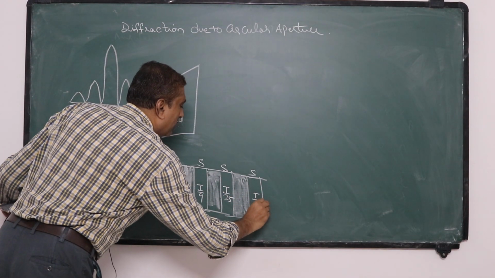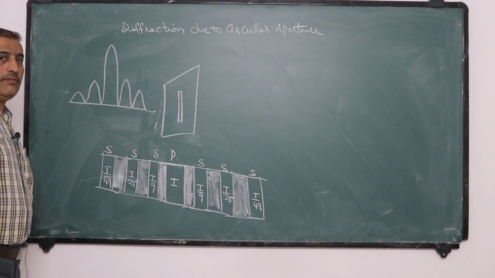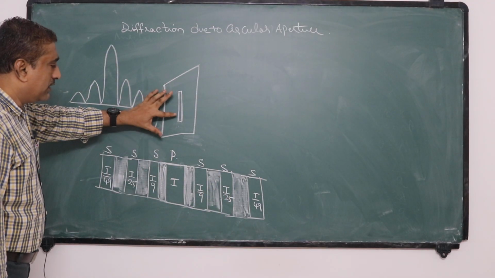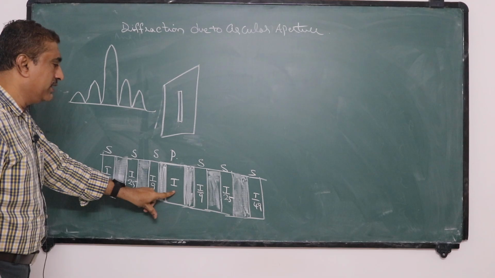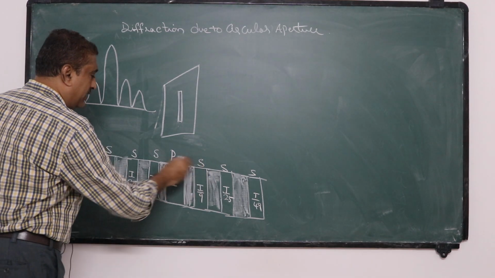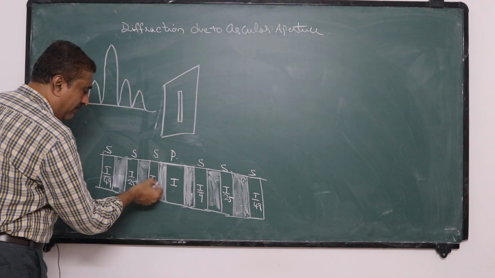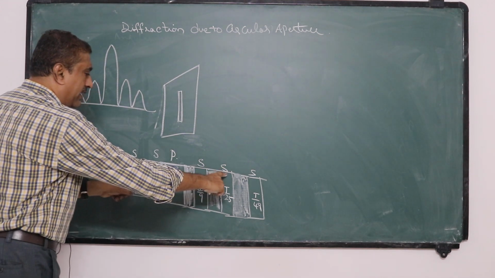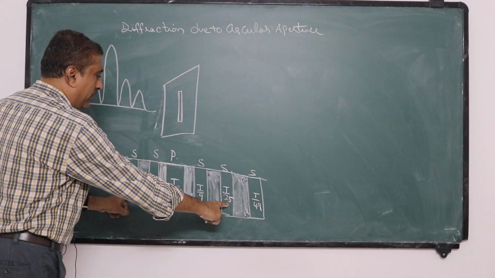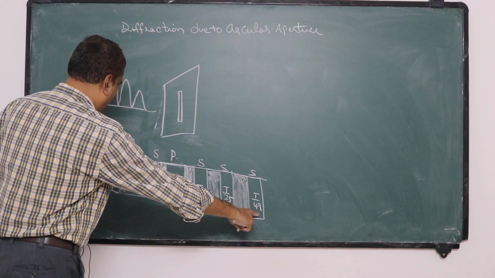If the intensity of the principal maximum is I, then the first order secondary maxima on either side have intensity I by 9, the second order I by 25, and the third order I by 49.